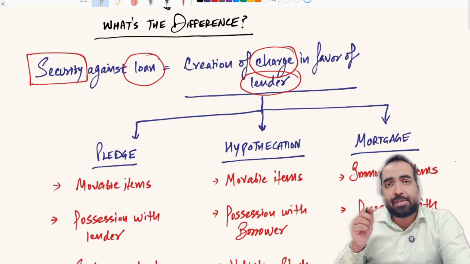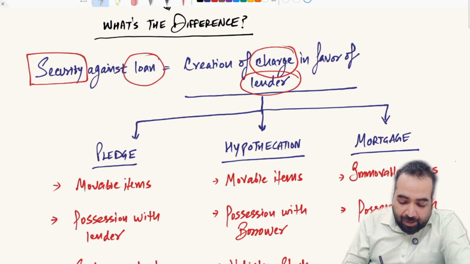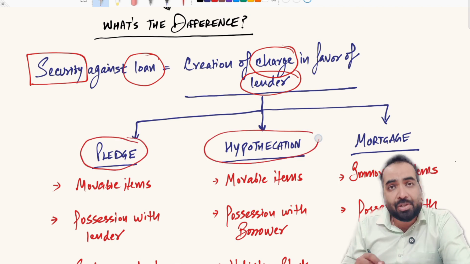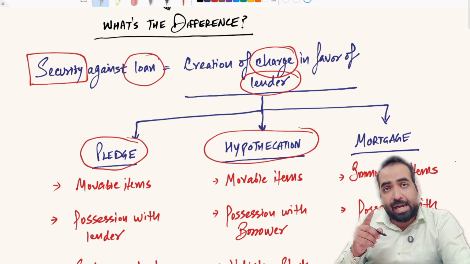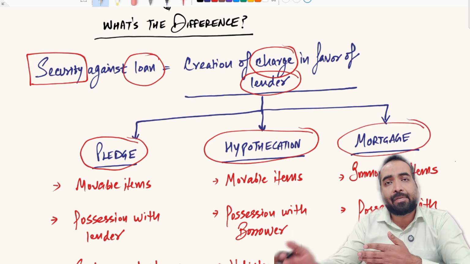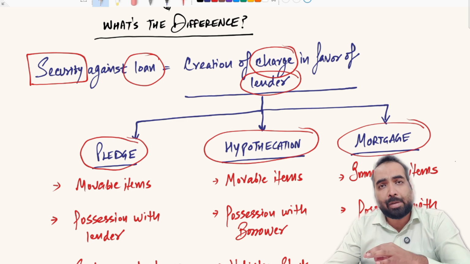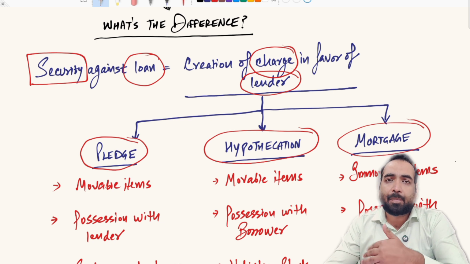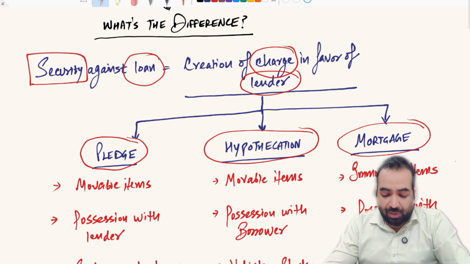That charge is of three types. That can be in the form of pledge, that can be in the form of hypothecation, and the last one, that can be in the form of mortgage. Mortgage is also of three different types: registered mortgage, equitable mortgage, English mortgage. We will also discuss it, but it will be covered in the upcoming one or two videos, right?